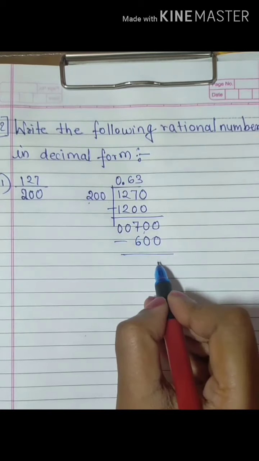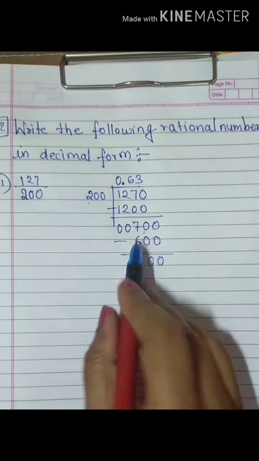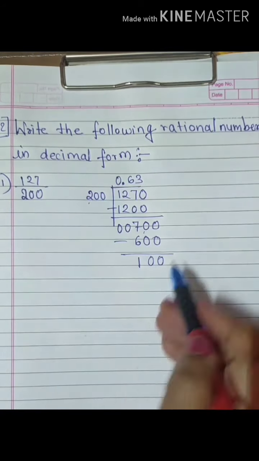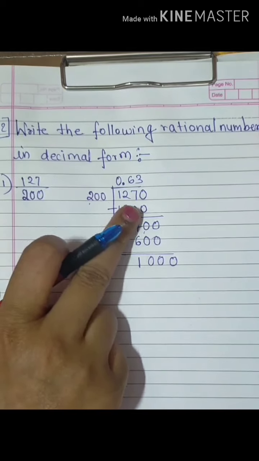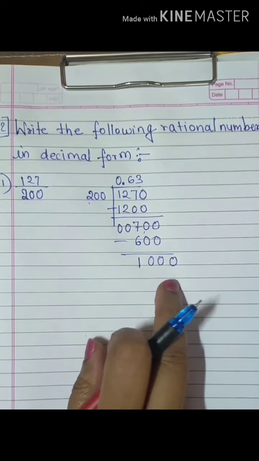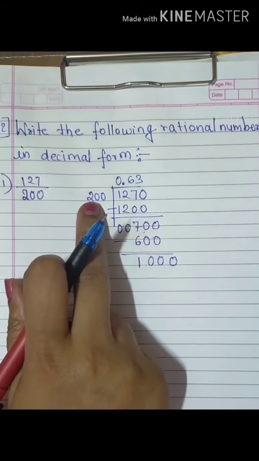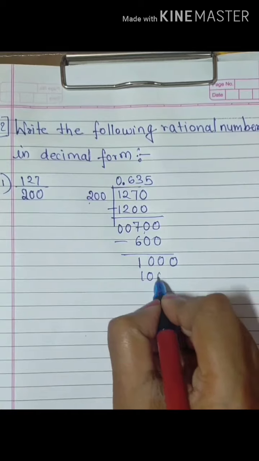Now we will get 0 0 7 minus 6 is 1. Again we will take 0 here. Once you take a decimal point, you can go on adding 0. So I am adding here. Now 1000 is there. 200 5s are 1000.